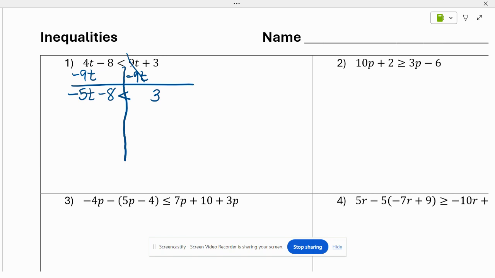How about if we add the 8 to both sides? So I have negative 5t is less than 11.